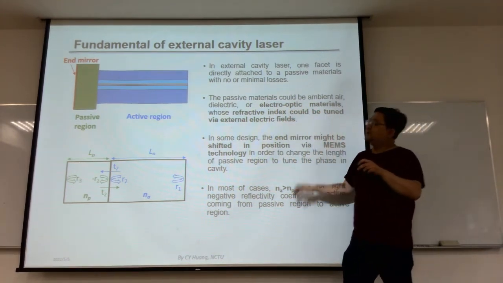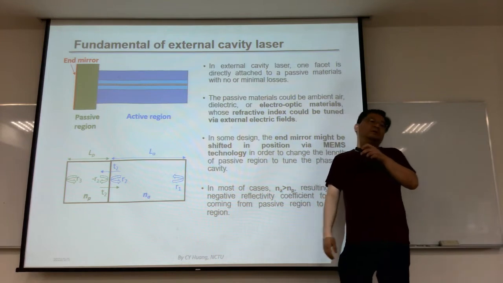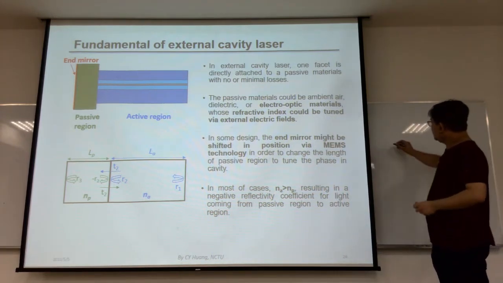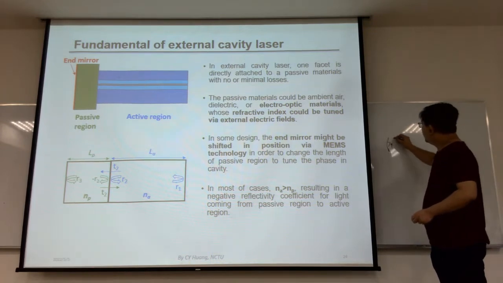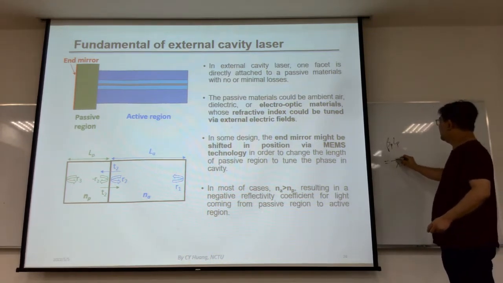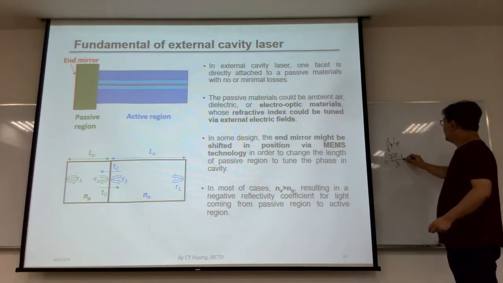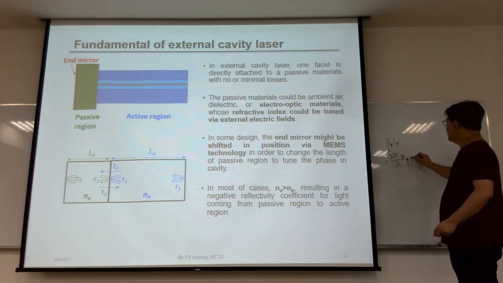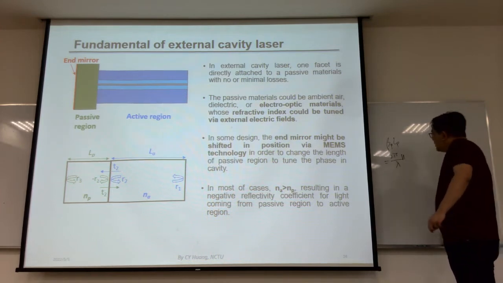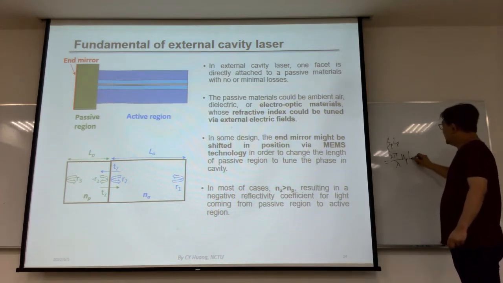Since you have a beta LP, which is changeable. Beta LP will be 2 pi over lambda times n_p L_p.